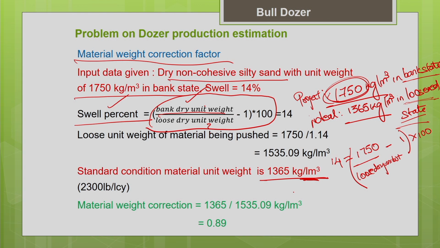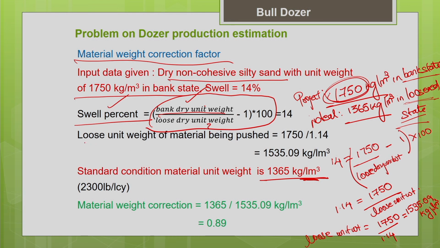So you can move this to the left hand side. 14 by 100 plus 1 is nothing but 1.14, equal to 1750 divided by loose unit weight. Now your loose unit weight is nothing but 1750 divided by 1.14, that is 1535.09 kg per loose meter cube.